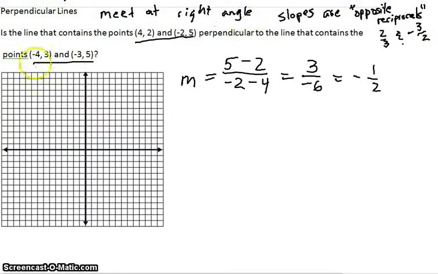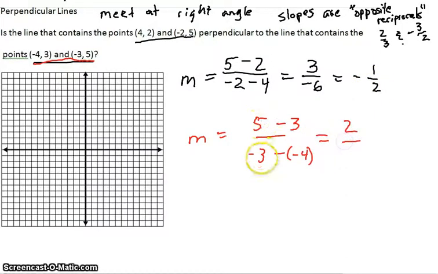So 5 minus 3 over negative 3 minus a negative 4. This is 2 over a positive 1, so that reduces to 2. This is the reciprocal of that. One's positive, one's negative. They are perpendicular.